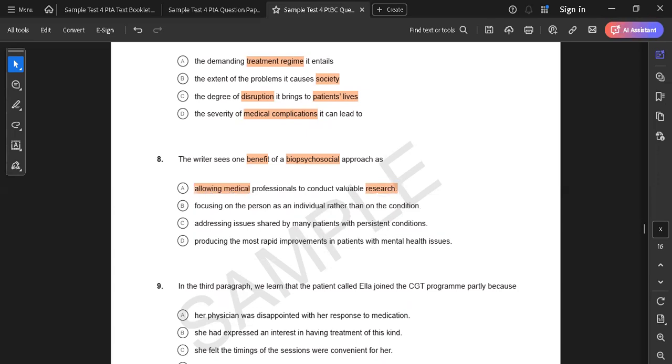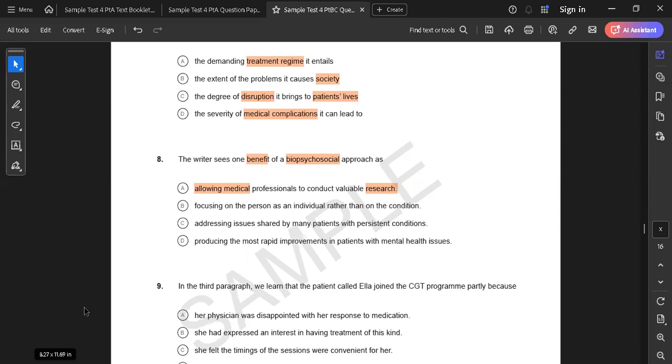For research, the synonyms can be experiment. Can you note the words with you? The other keywords that will give you the same meaning as research. Write the word experiment, write the word study. So maybe in the text they will say it will allow professionals to conduct a study.